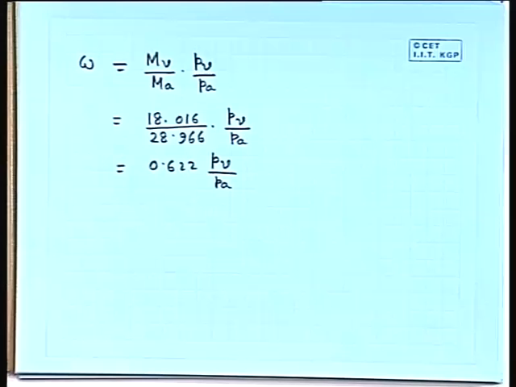So, what have we got? We have got the specific humidity in terms of the partial pressures of water vapor and dry air.